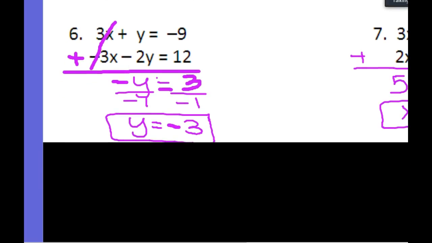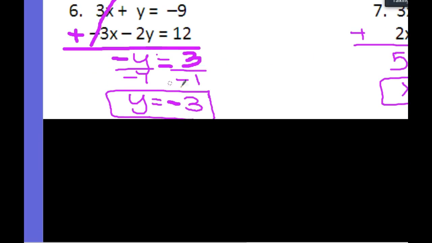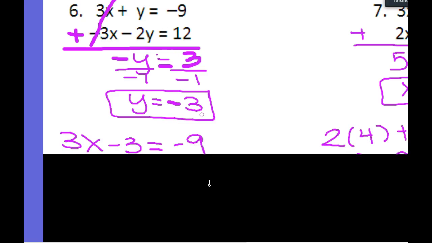But just like the substitution method, getting just a single variable is not enough. We have to now go back and plug this variable into either the first equation or the second equation and solve for the other variable. So I need to take that negative 3 and plug it back in to either the first or the second equation. I plugged into the first equation.